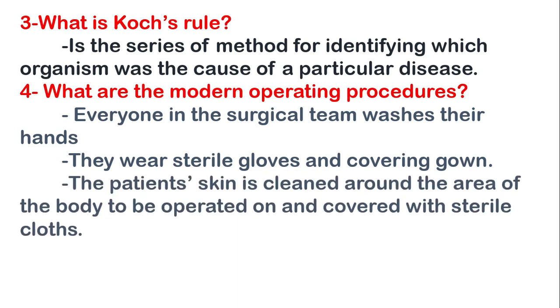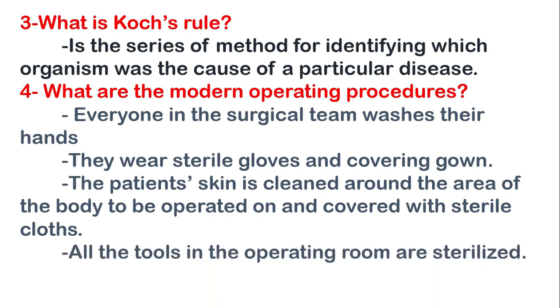The patient's skin is cleaned around the area of the body to be operated on and covered with sterile cloths. All the tools in the operating room are sterilized, like scissors or knives, etc. And the important thing is the air filter.